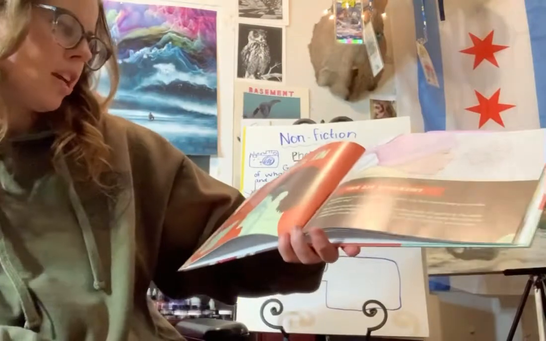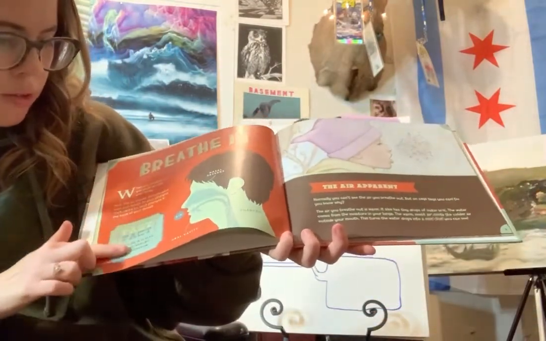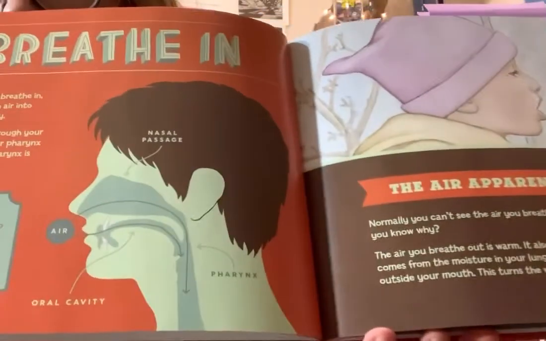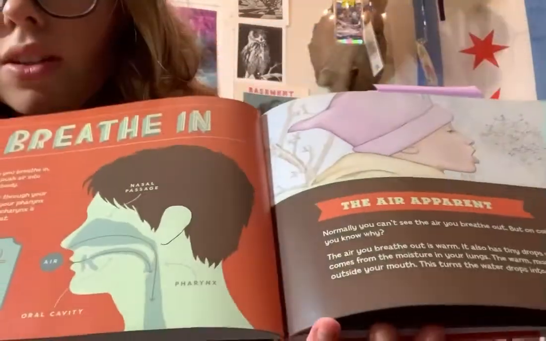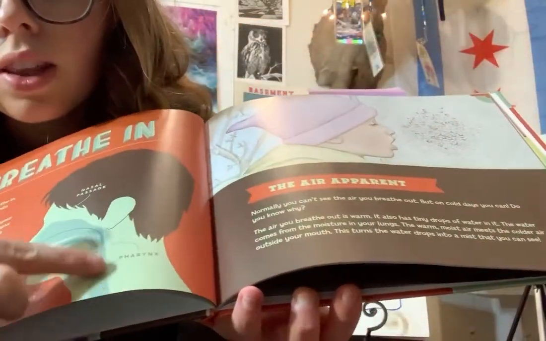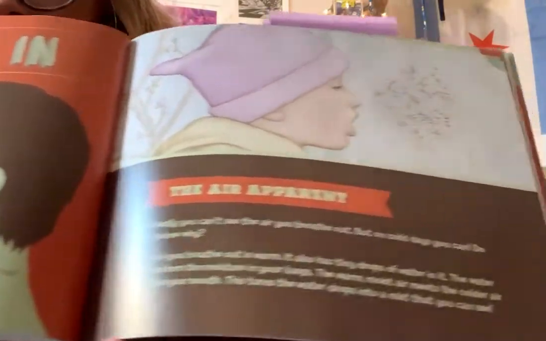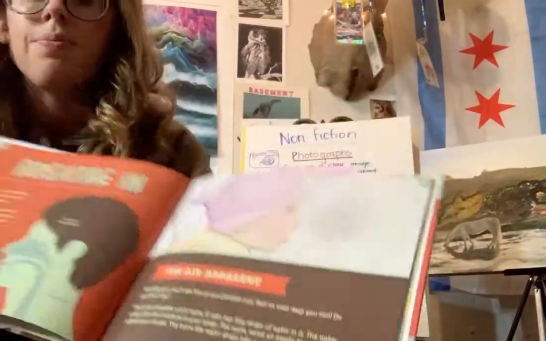This is the next page and it says, breathe in. I'm not going to read this for you today since we're looking at the illustrations, but that is also an illustration of a person and how they breathe in and what those certain passages for air are. And there's also an illustration for a baby.